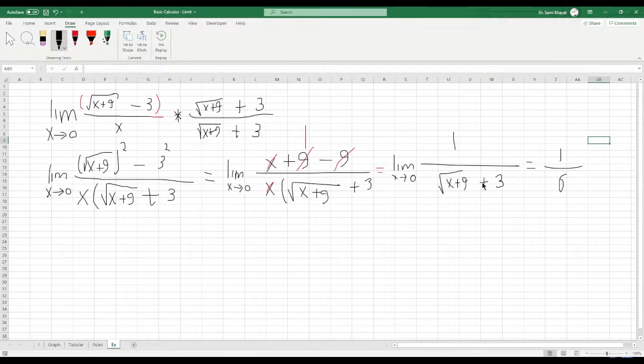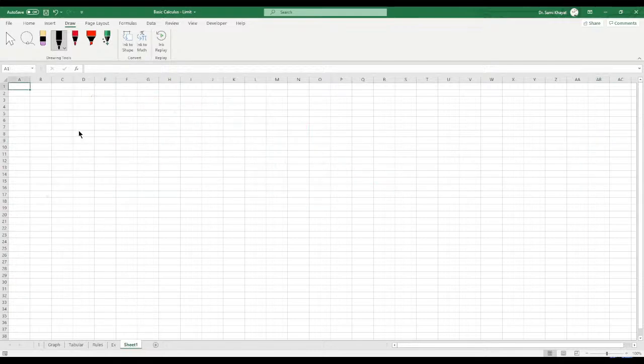Okay. This is an example if it is like this. Now, let's get another example.